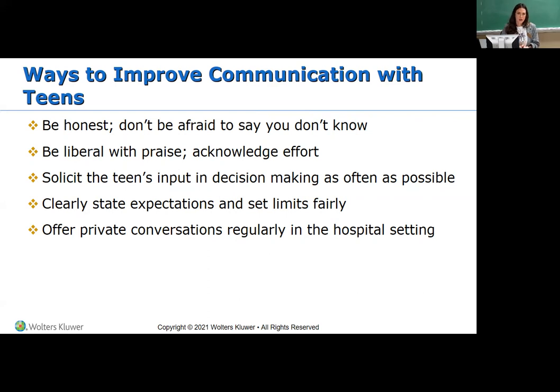In the hospital setting, it's super important for us to include the teenager in their decision on what we're going to do as often as possible. Of course, until they're 18, they are still under the care of their parent, but we still need to be talking to them and saying, this is what needs to happen.